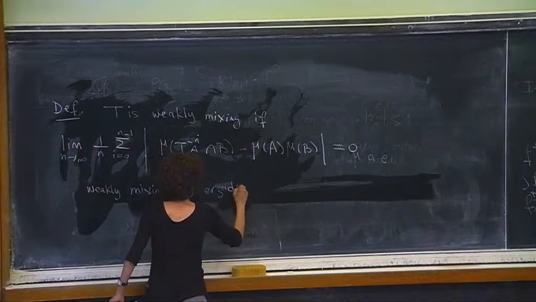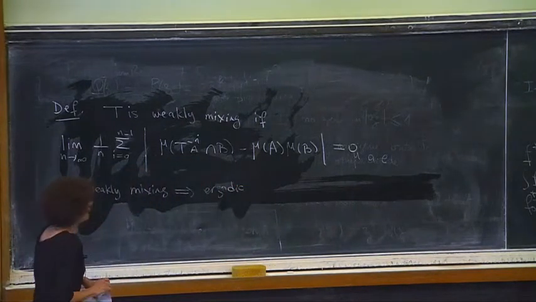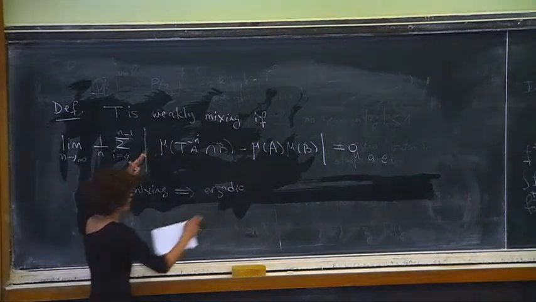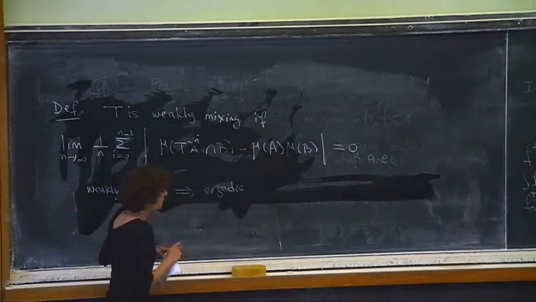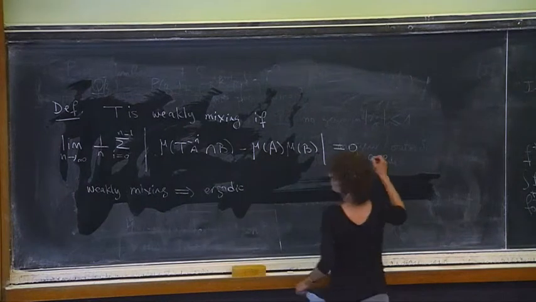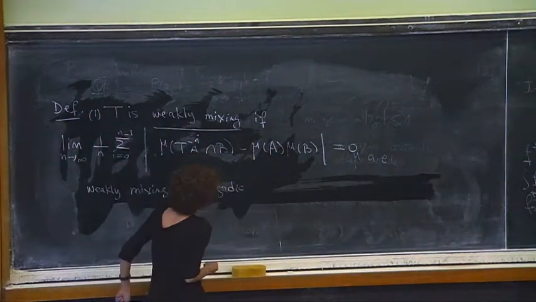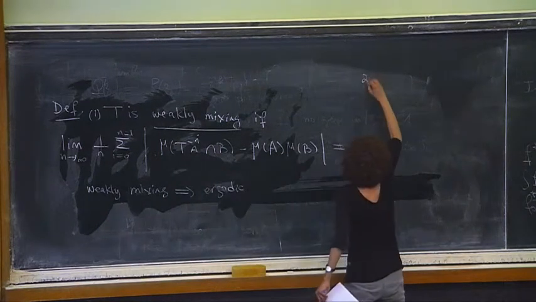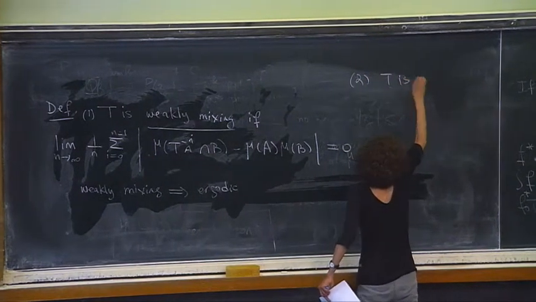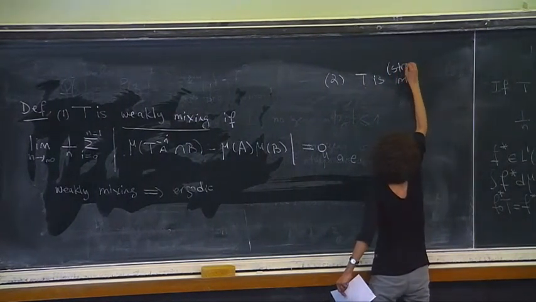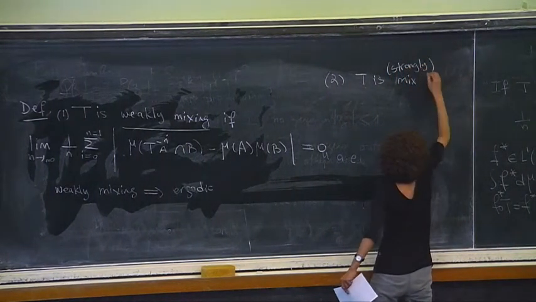And you can go one step further, which is even better. Here we're taking averages. You can actually remove the averages and just see when this is going to 0, and that's what we call mixing. So definition 1 is weakly mixing, and 2, T is mixing or strongly mixing, if you want to distinguish the two.